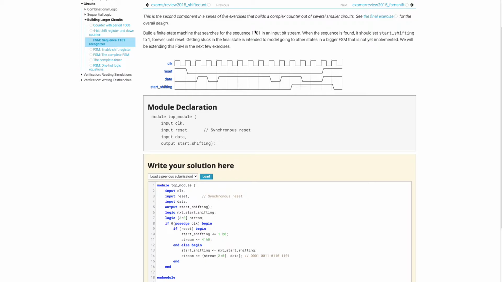Then I can just check this without reversing it. And then this has a 1 cycle delay of when it actually happens, which is fine.